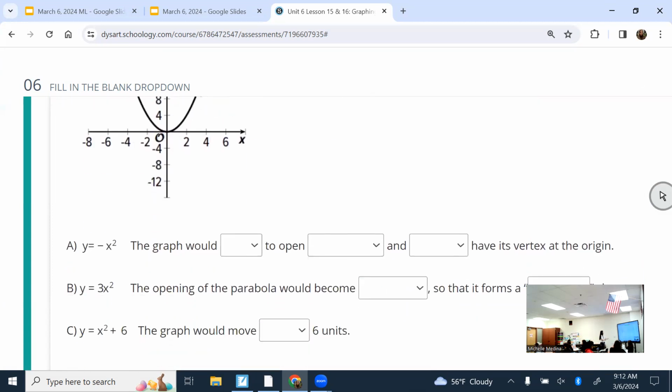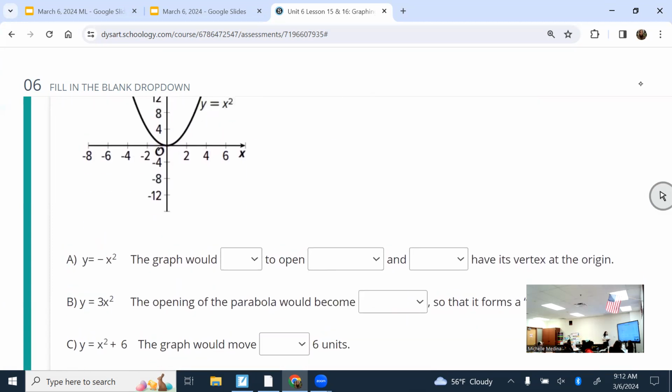But if it was modified to where we change the a to negative, that would stay or flip the graph. It would flip it. If it's negative, does it open up or down? Down, like a frown, it kind of rhymes. And also like negative things make you frown. So if it's negative, it opens down.